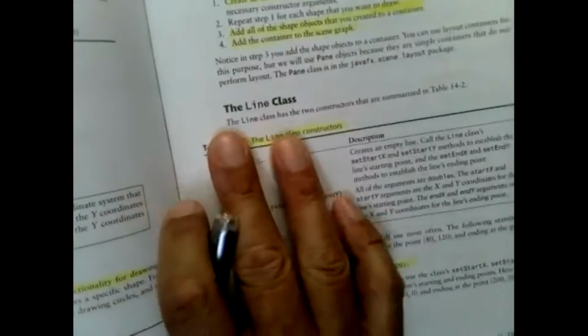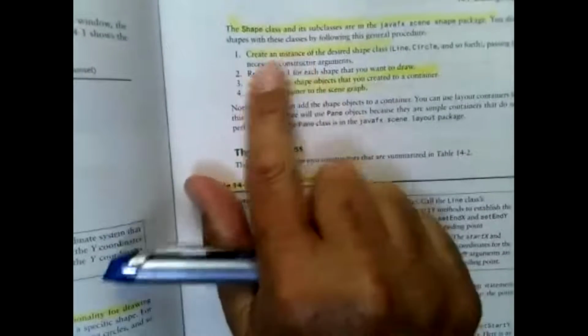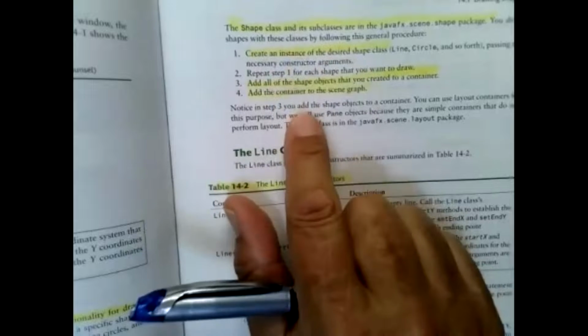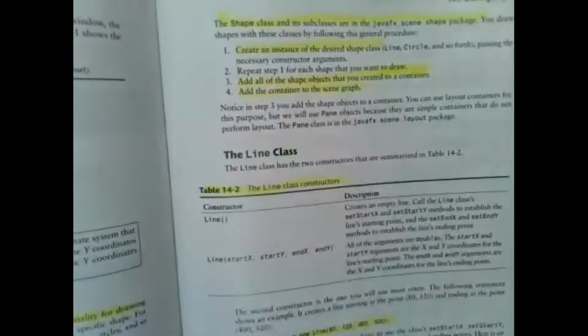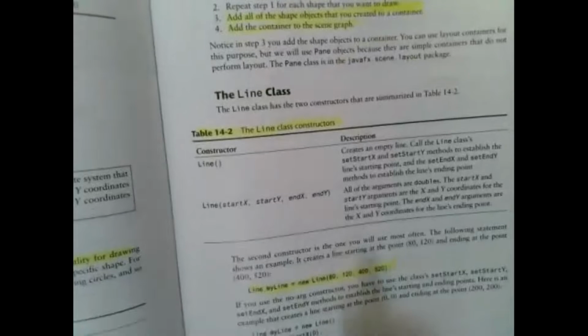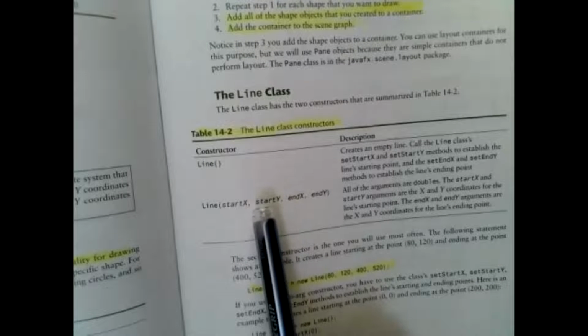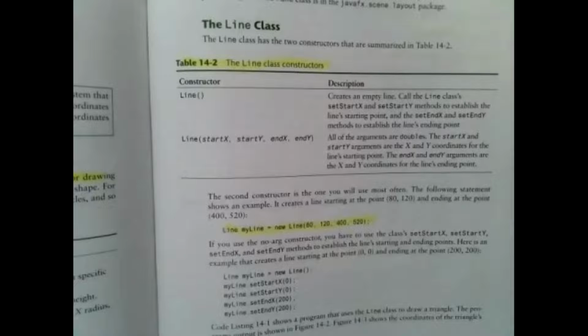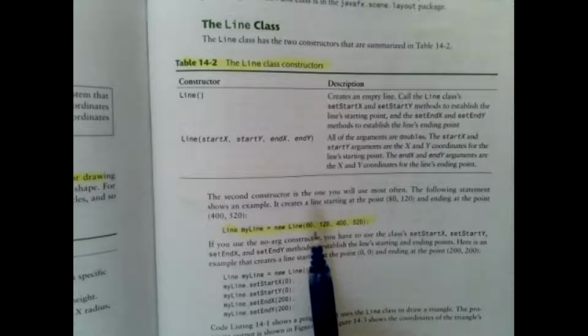Again, what I just mentioned a moment ago: create an instance for all the objects, add them to the container, add the container to the scene. Just some syntax, the first one on that list was a line. You start to see a pattern with how you instantiate these objects; most of them are asking for a constructor.